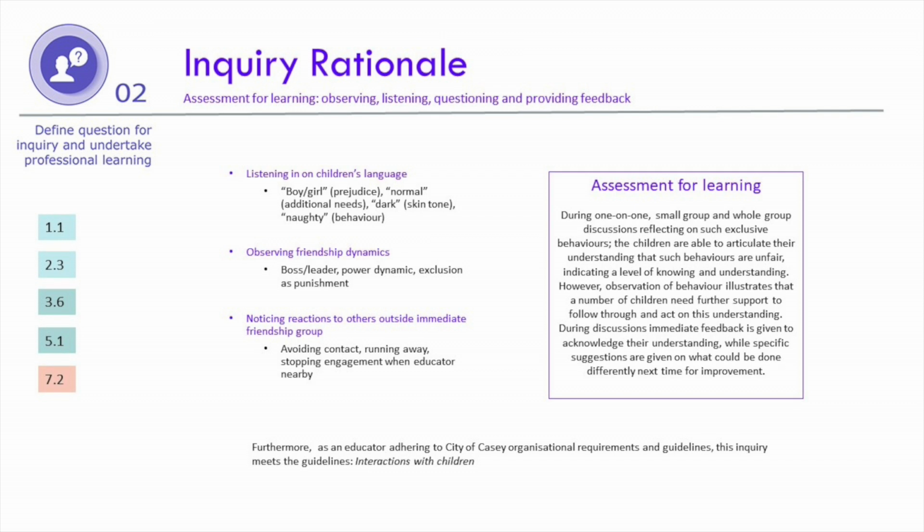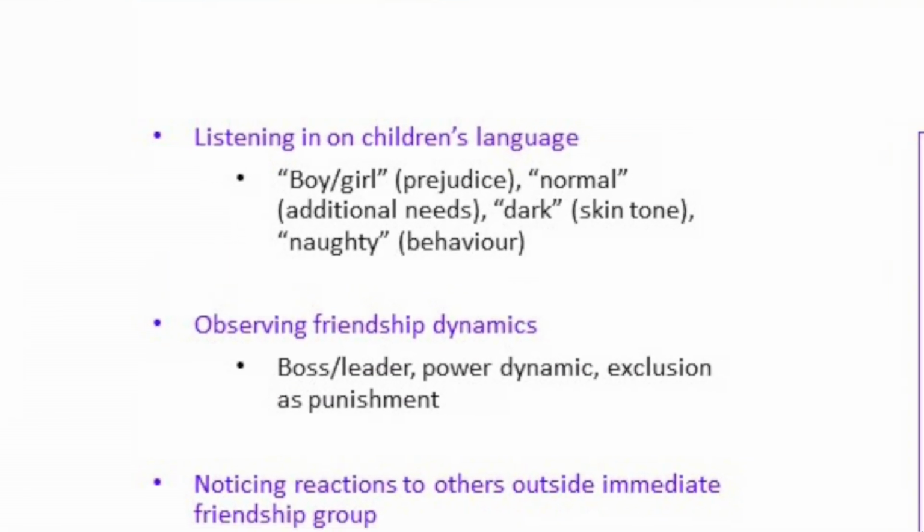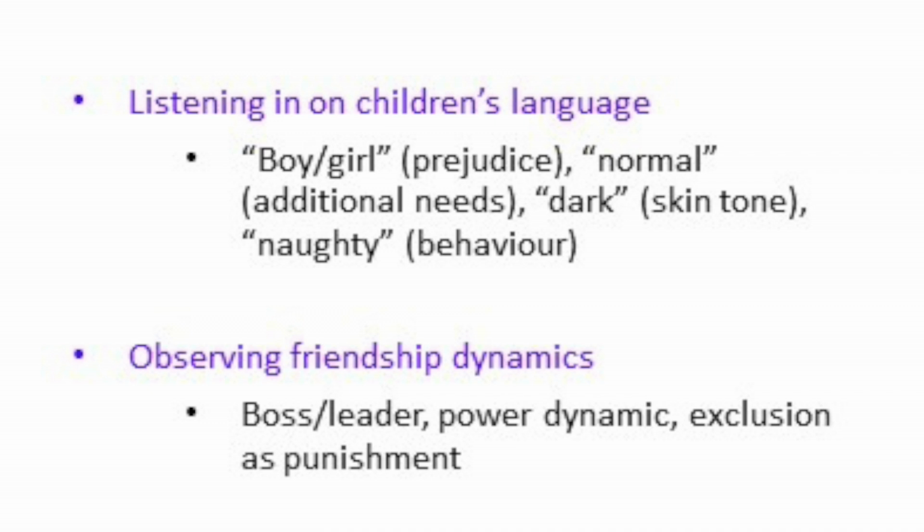The reason for this inquiry question came about after observing and listening to the children's interactions with each other and noticing language from the children such as, this is a boy table or that's a girl toy, comparing children with additional needs to those who didn't and referring to one as normal or not, and children also associating other children as being the naughty child, and sometimes excluding them on the basis of that.